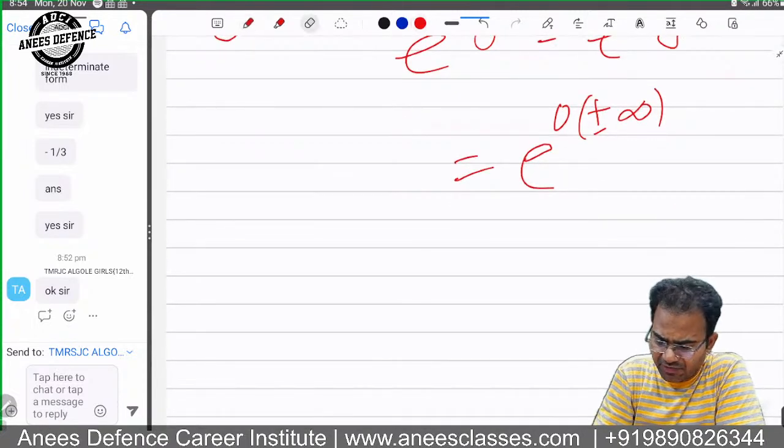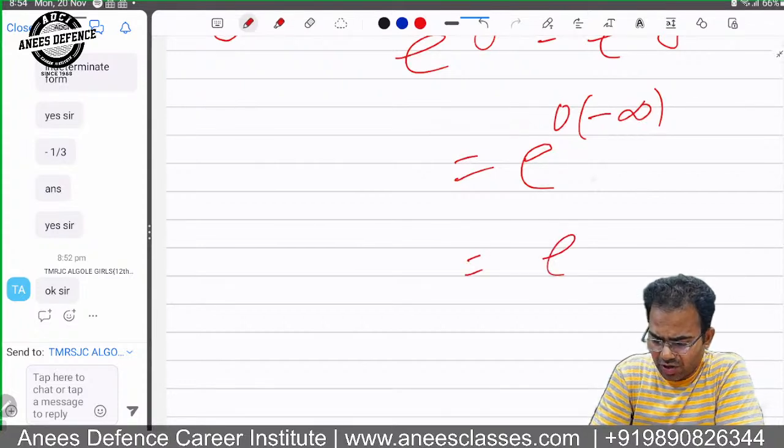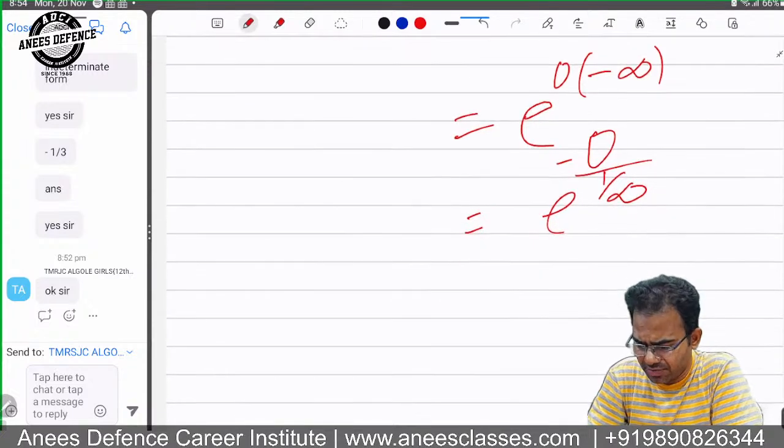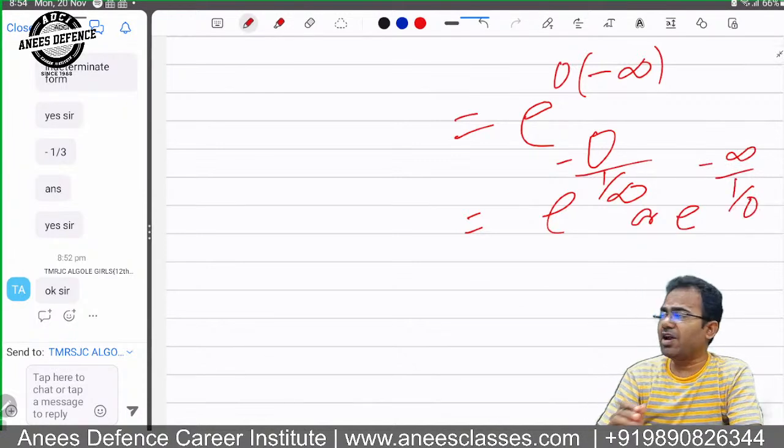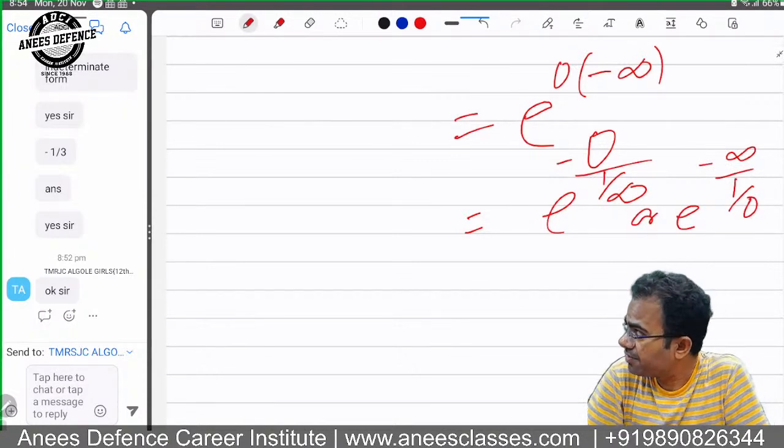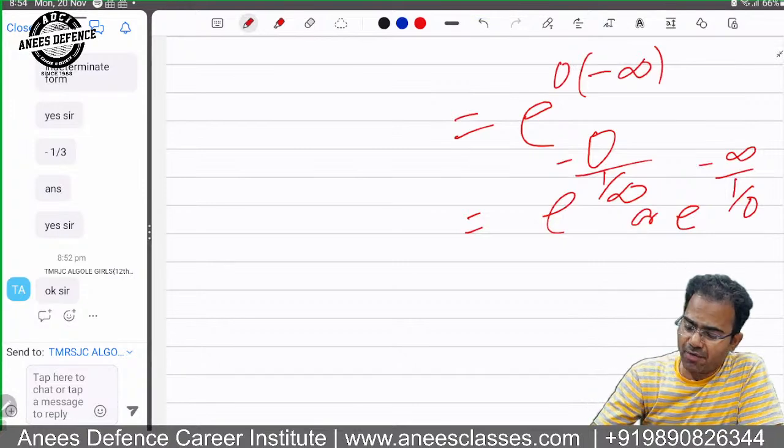Here the base is more than 1, so it will be minus infinity. So I will convert this to 0 upon 1 upon infinity, or minus infinity upon 1 upon 0. Then I will use the L'Hopital method in the power of e.